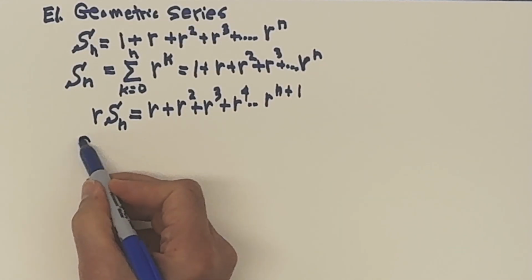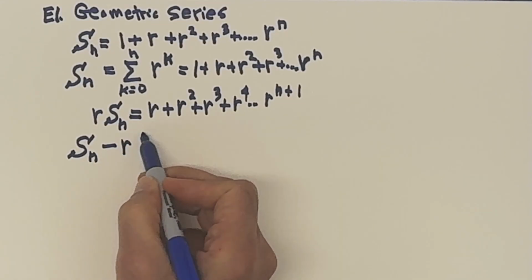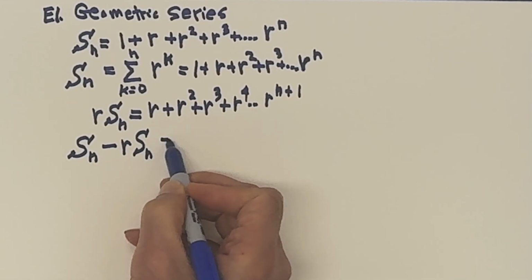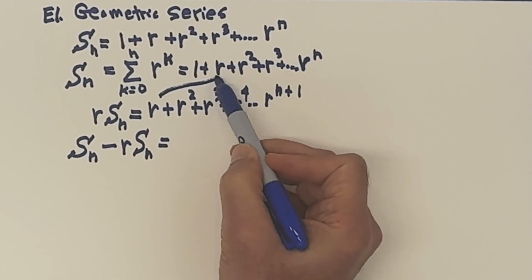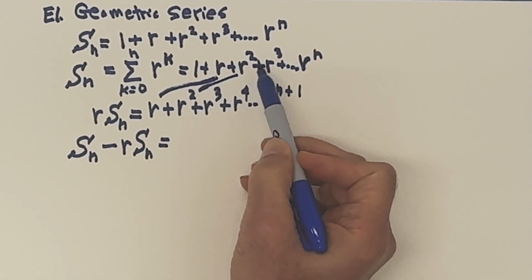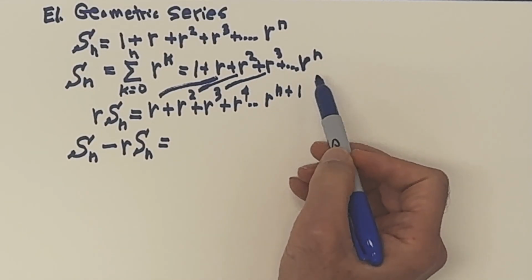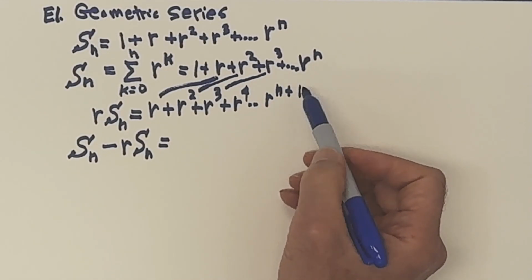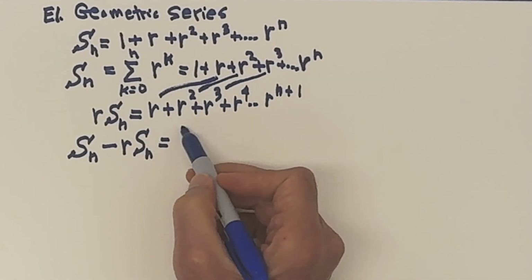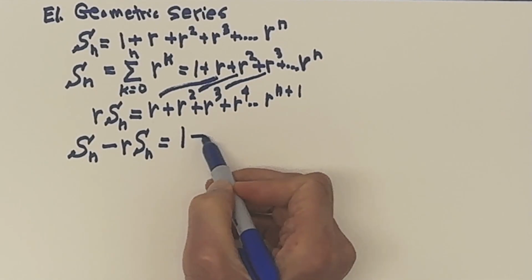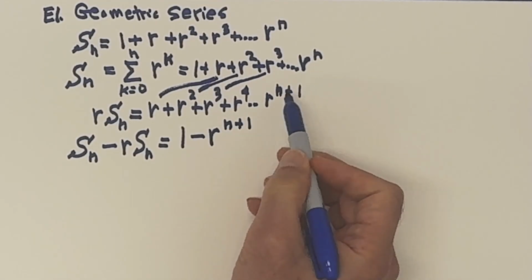So when I do that, I'll have S sub n minus r S sub n. And now over here, you can see this r will cancel that r. This r squared will cancel that, and that'll cancel here. And I'm going to be left over with 1 extra term here, but I'll have the 1 and then minus r to the n plus 1, because there'll be 1 extra piece here.